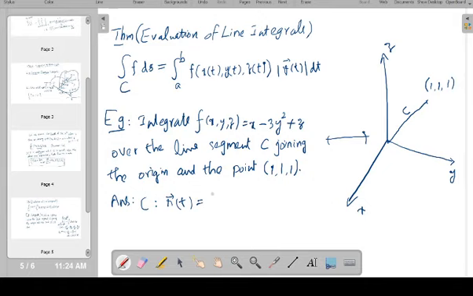So apply that. So you can get t i plus t j plus t k, t varies from 0 to 1.